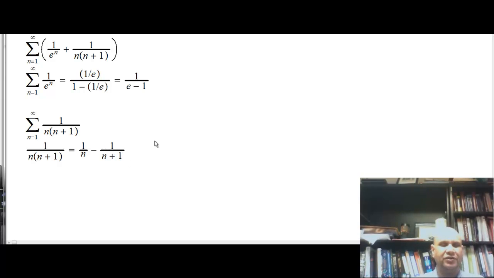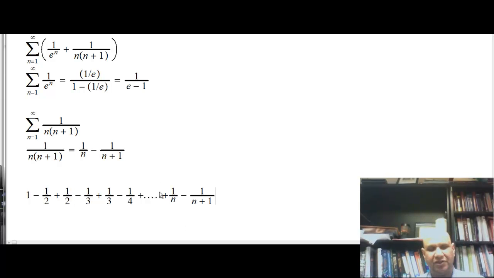So when I write the sequence of partial sums, that will be 1 minus 1 over 2, plus 1 over 2 minus 1 over 3, plus 1 over 3 minus 1 over 4, and so on, plus the last terms at the end. Everything except for the first and the last in between will cancel, right?